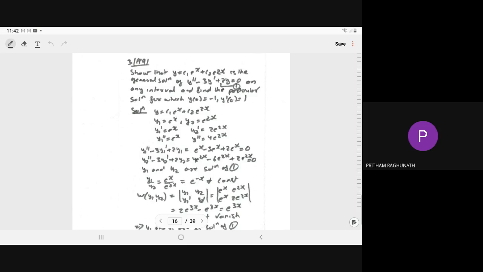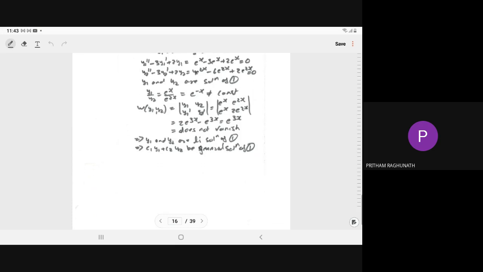First we have to see whether the y1 and y2 are solutions or not. So here, if you will see, what is the equation?